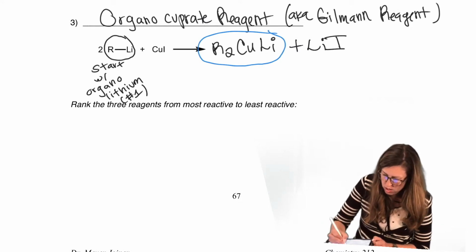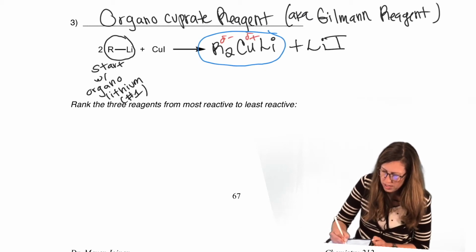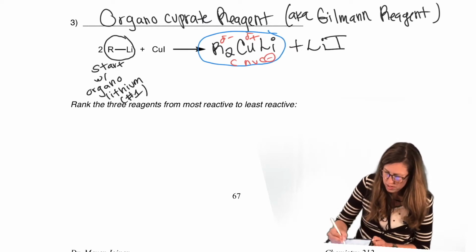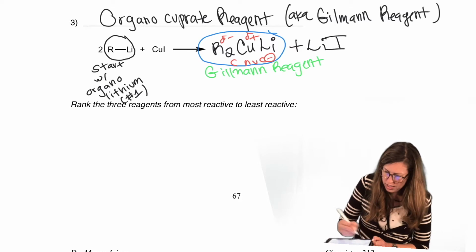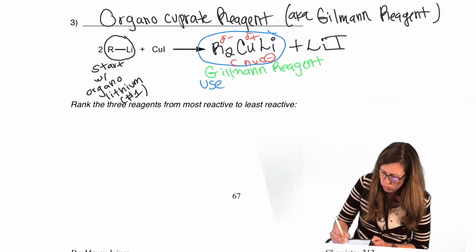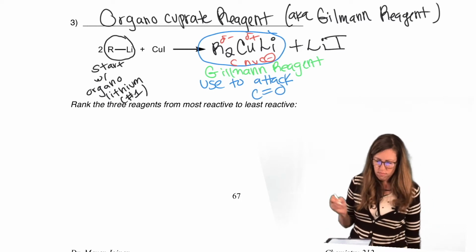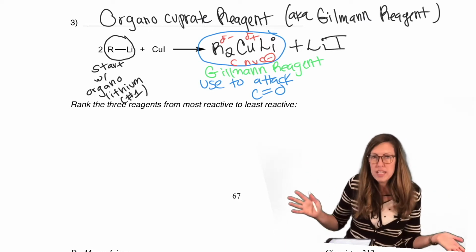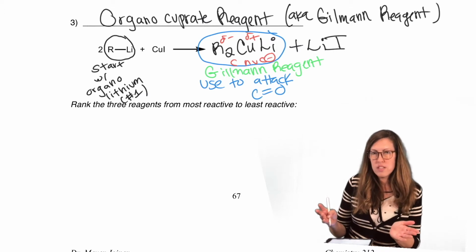Our delta minus is on a carbon, delta plus is on the metal. This is our carbon nucleophile, and I'm going to use the same phrasing. This is our Gilman reagent, and we use that to attack our carbonyl. Okay, why are we learning 3 different carbonyl reagents?